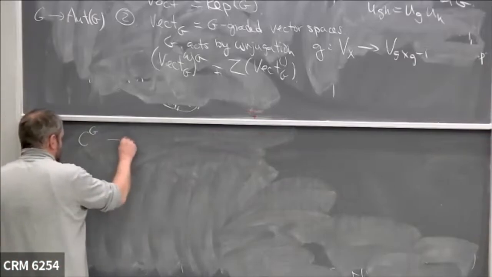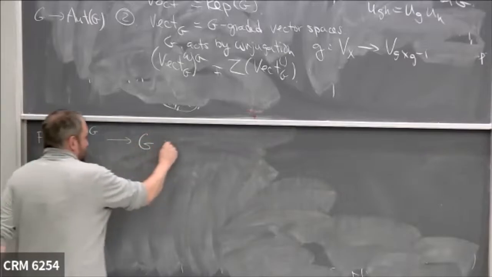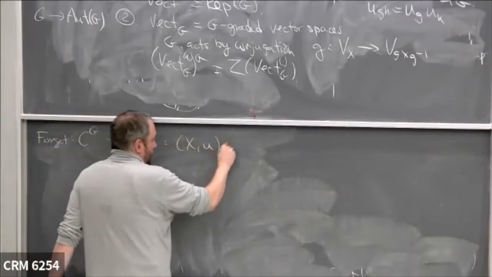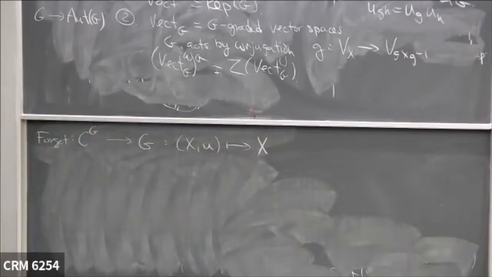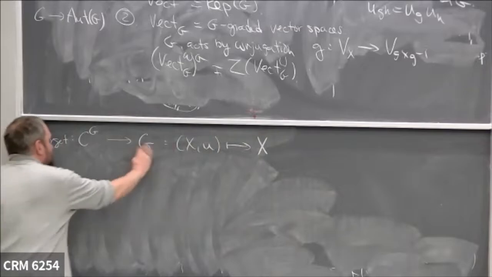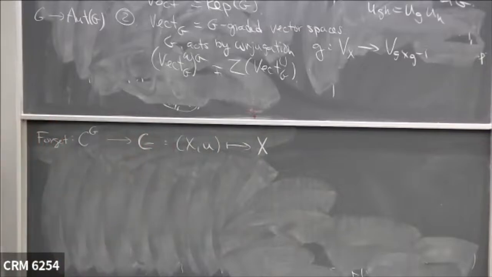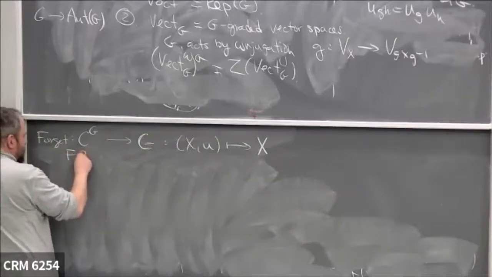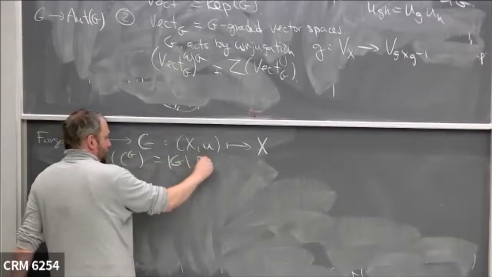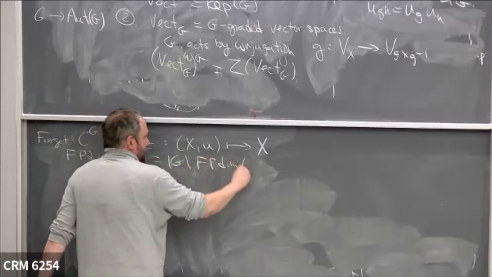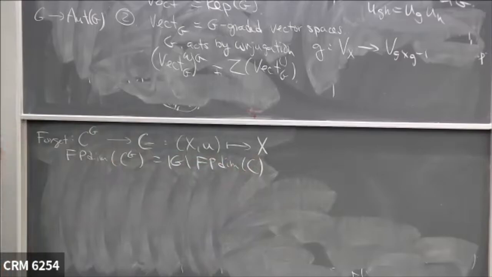What you have instead, however, is a forgetful functor that sends a pair (X, u) to X, that forgets the equivariant structure. So it's rather a quotient of the category, not a subcategory. Also, the Frobenius-Perron dimension of the equivariantization is bigger than the Frobenius-Perron dimension of the original category. It's the order of G times the original Frobenius-Perron dimension.